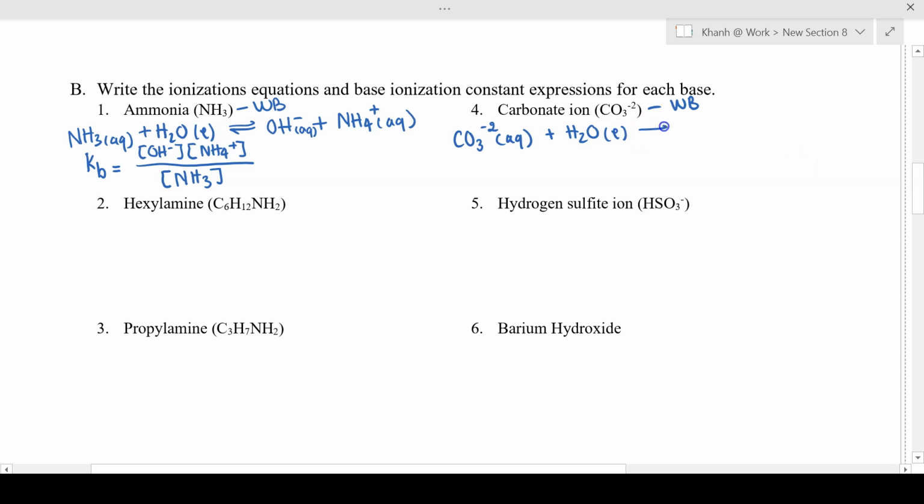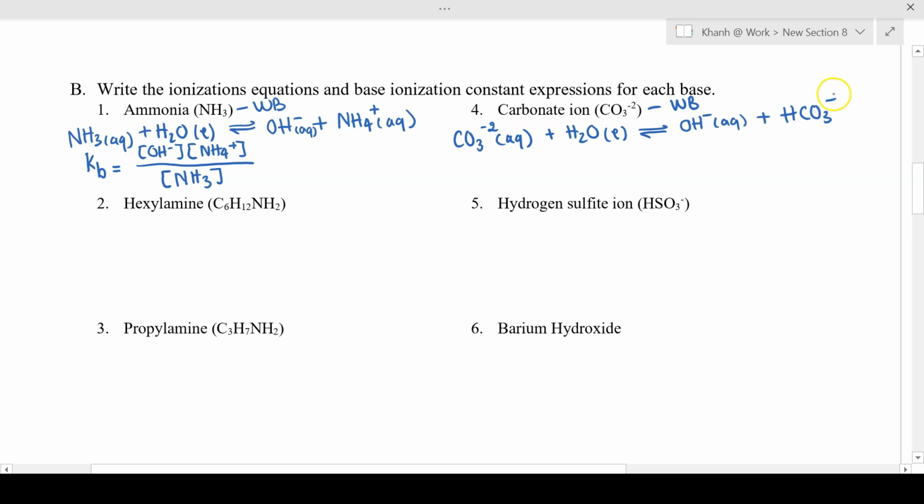And then to show the partial dissociation, we're going to use the equilibrium arrow. And then that should give us two products, one of which is an OH minus, aqueous, and the other product must be whatever is produced when the carbonate ion gains a proton. So if it gains a proton, it becomes HCO3 minus.